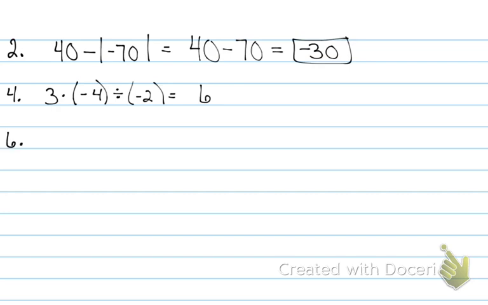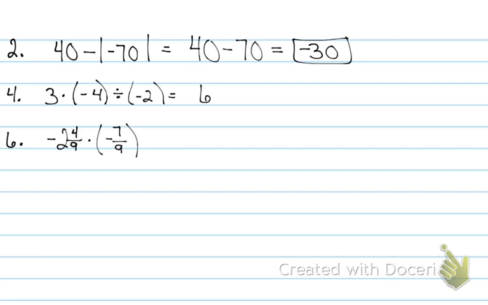Look at number 6. Number 6, I have negative 2 and 4 ninths times negative 7 ninths. What is my first rule of thumb when I'm multiplying fractions? I need to make sure everything is improper. So 2 and 4 ninths, here's a common mistake that we see, which is why we're going over it now. The negative does not affect the conversion. I do not take the negative into account.